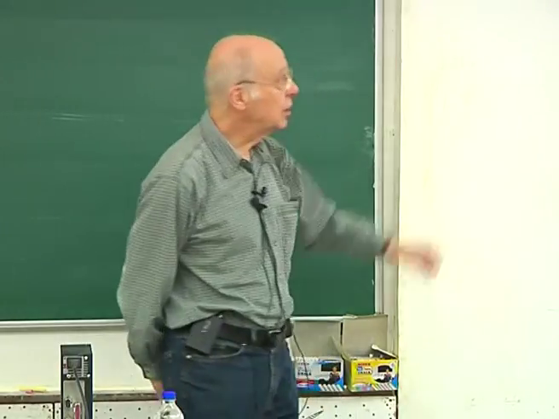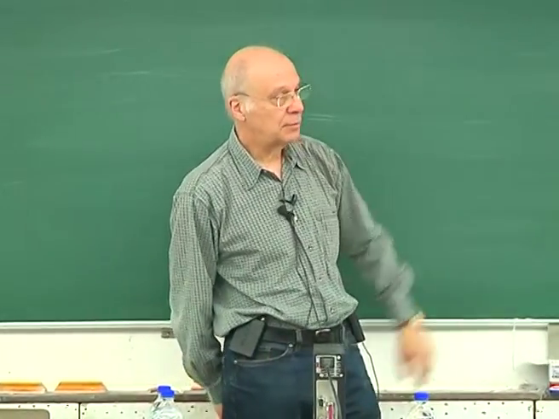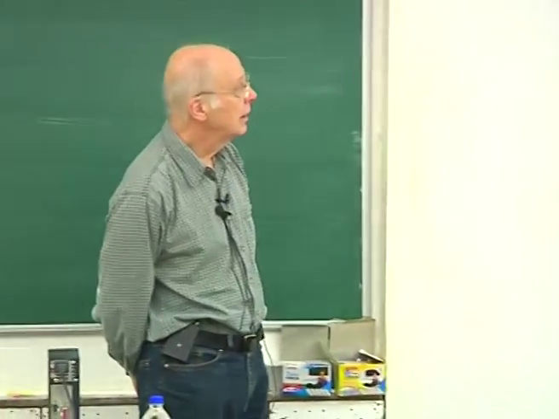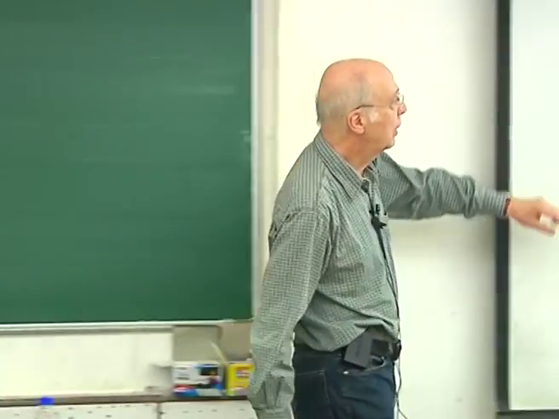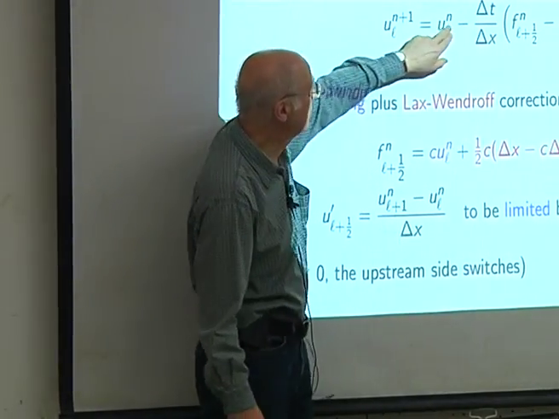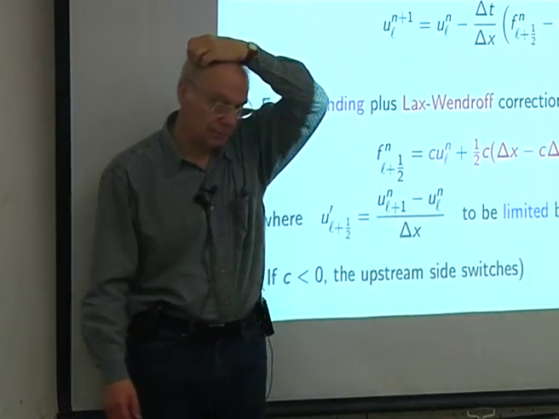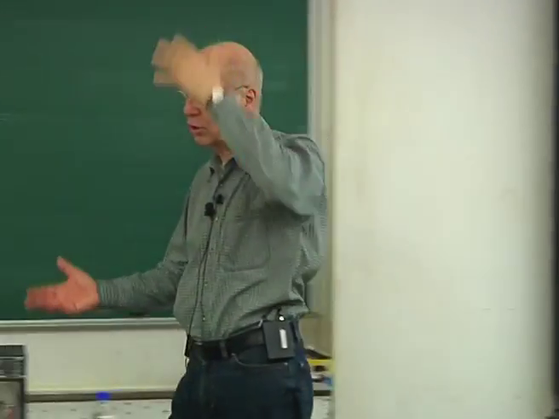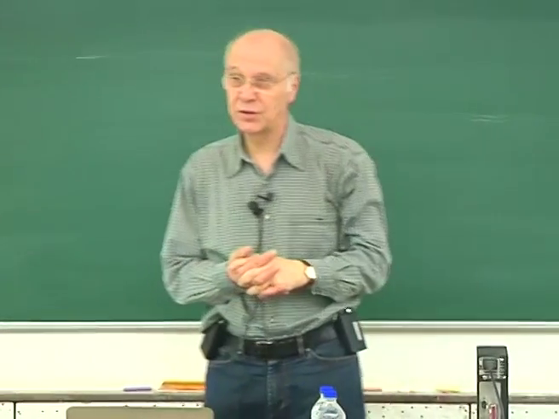Right. So to write down this algorithm, you make a time step. I've taken the delta t over there. So we've time stepped from level n to n plus 1. And we write it in a conservation form, so it's a divergence of fluxes.